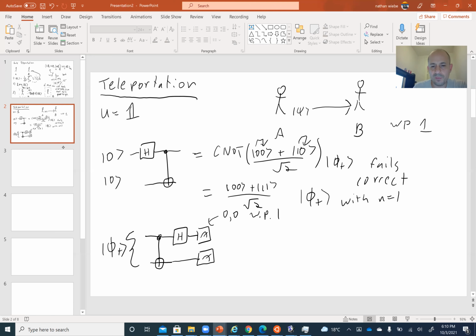So in effect, by doing this unpreparation of the preparation circuit, we've walked backwards. We found a circuit that will tell us whether or not the state coming in is phi plus.